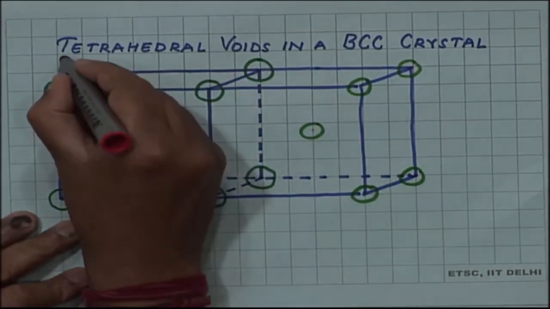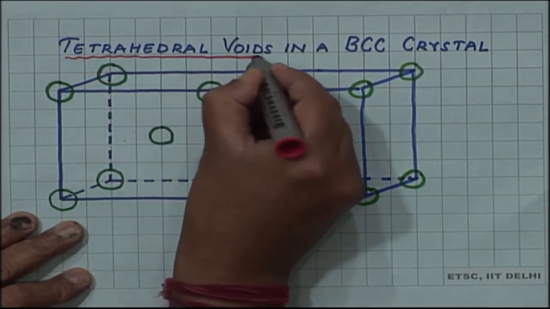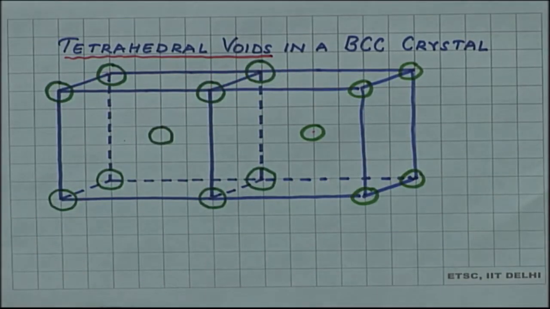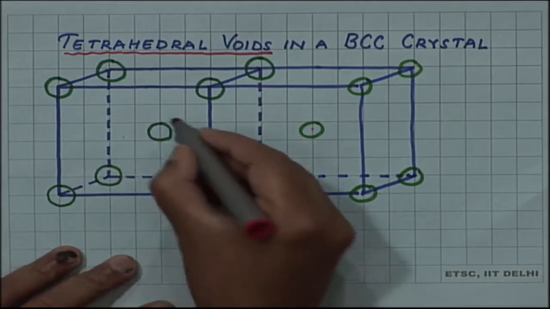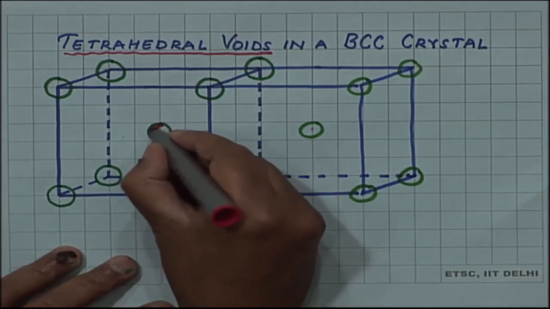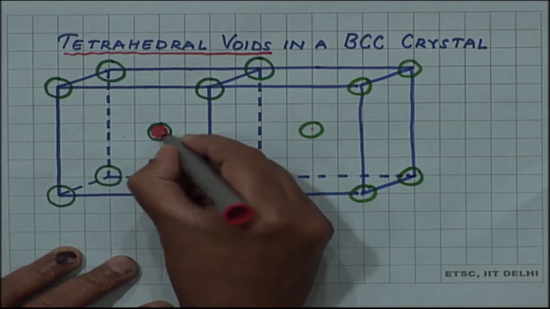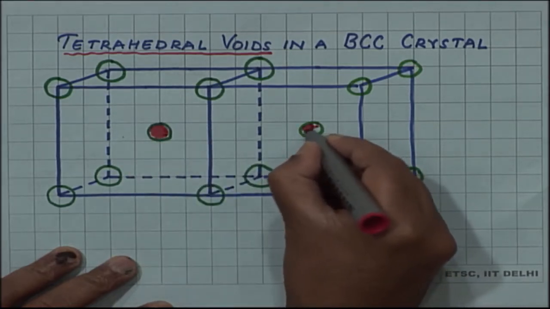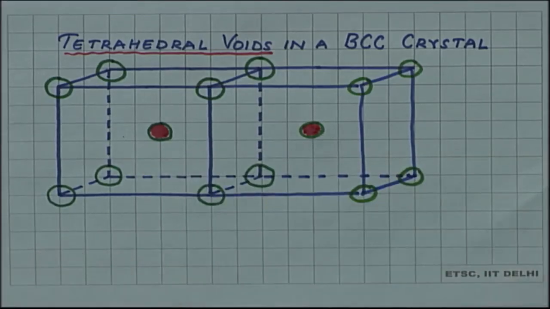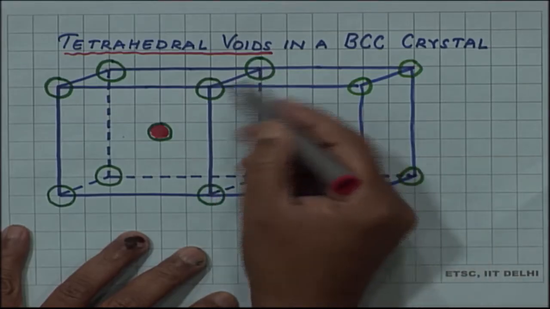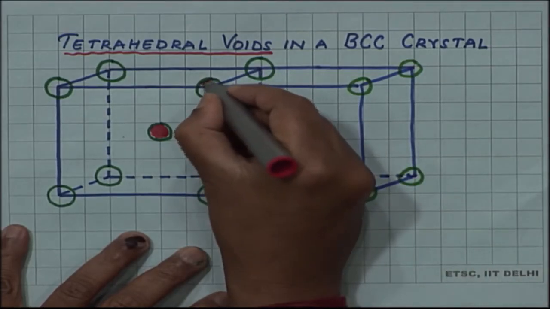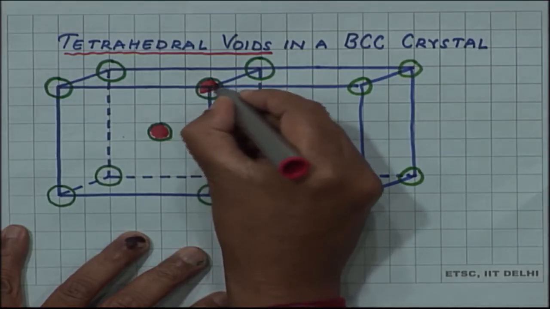Remember, a tetrahedral void requires 4 corners. So, we have to identify 4 atoms which form a tetrahedral void, and the way to do that in this double unit cell is that 2 of the corners are the 2 body centers. So, I shade them red to identify that they are now becoming corners of the tetrahedral void, and the other 2 are on the shared face. There are 4 edges. You can take any of these 4 edges.